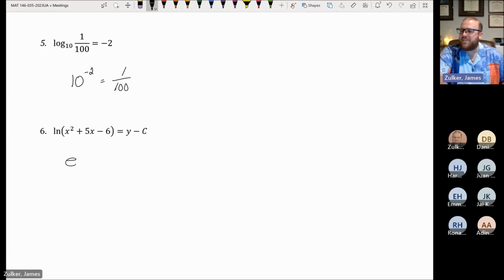Yes, always. Natural log is always base e. The exponent would be y minus c, right? So this would be e to the y minus c equals x squared plus 5x minus 6.